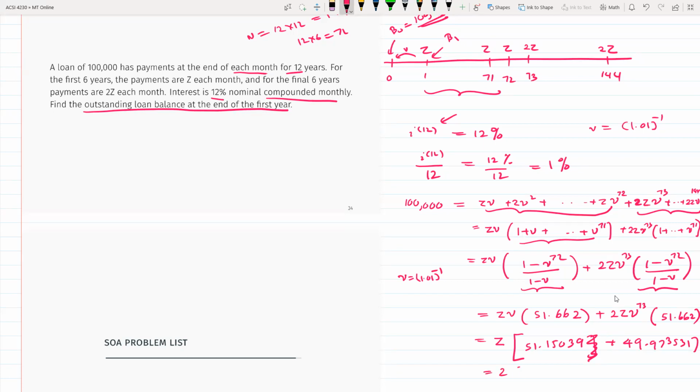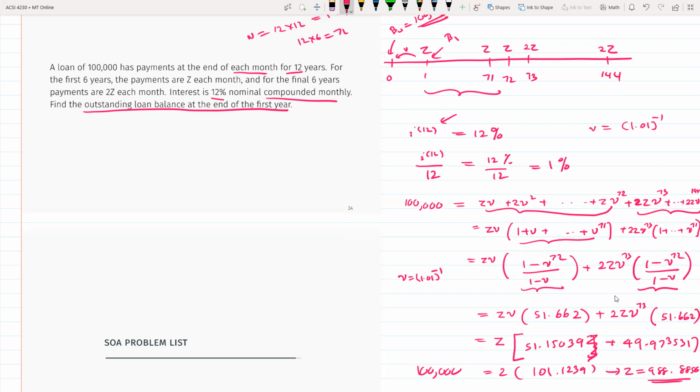And here I get 101.1239. So this side I have 100,000, and I can solve for Z. And Z is 988.8856. Check this answer again. I may have made mistakes, so make sure you check it again.